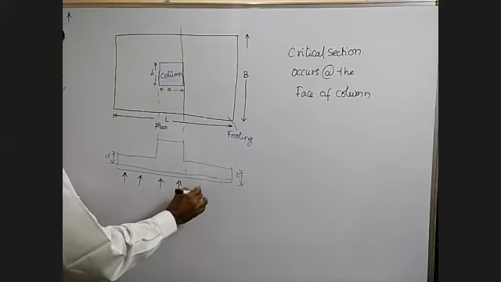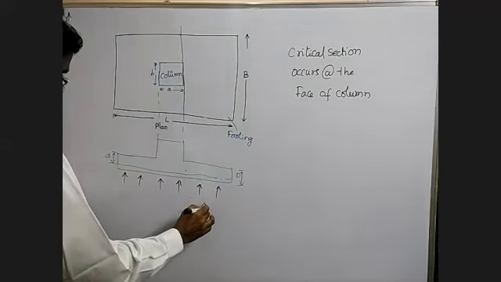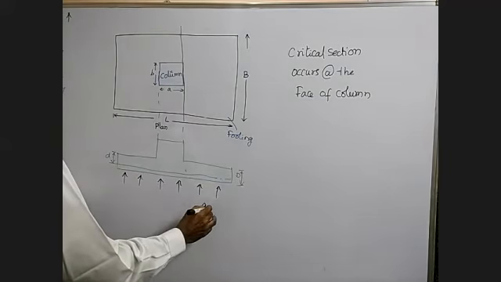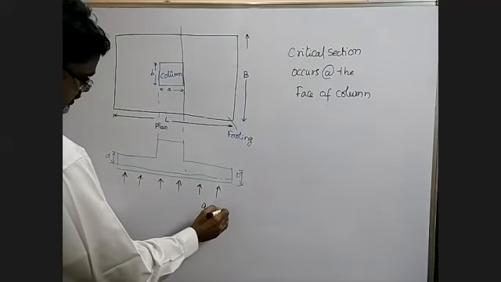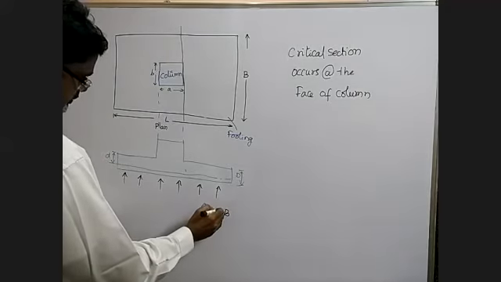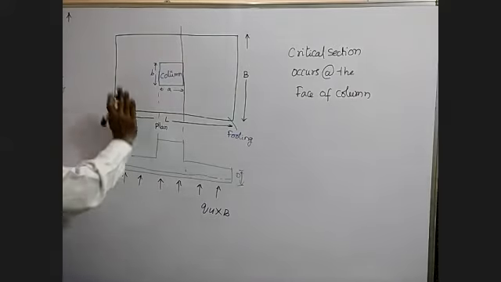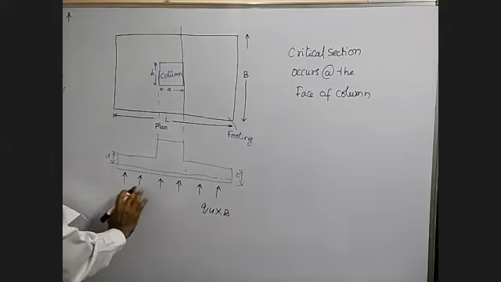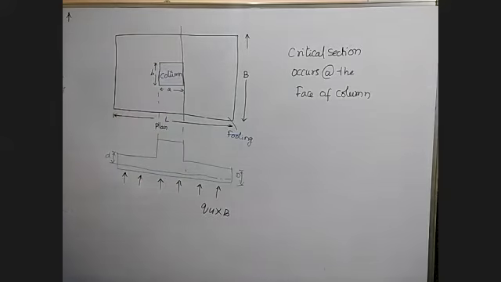This soil pressure is equal to QU. Soil pressure is QU, and this acts over a length of B here. So taking this plan, at its bottom we add the soil pressure QU into B over this length.